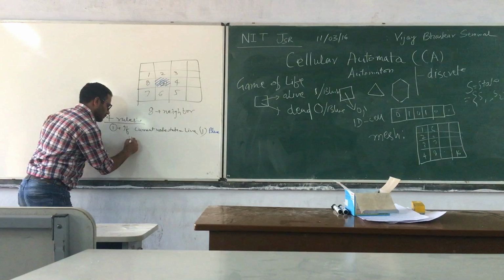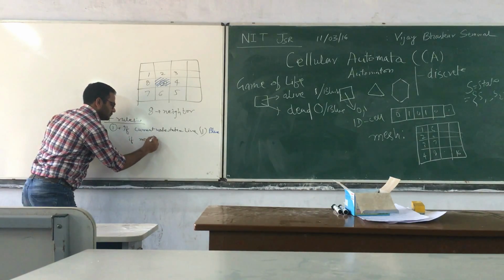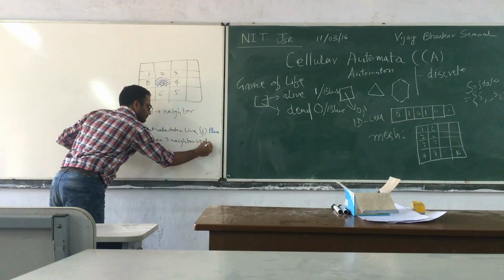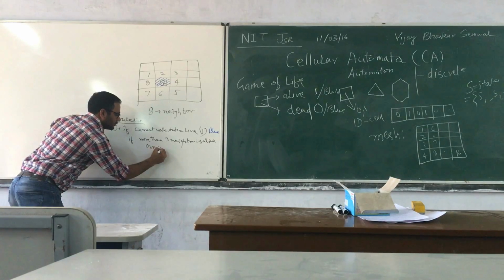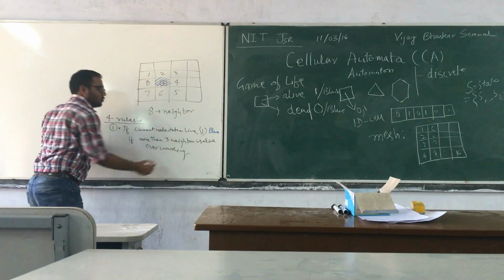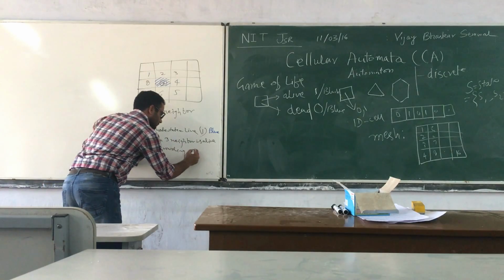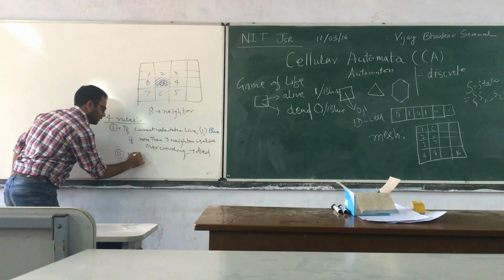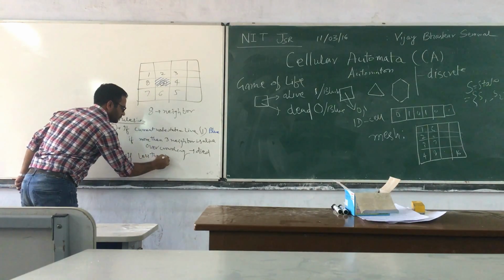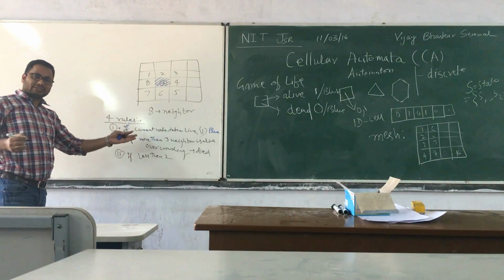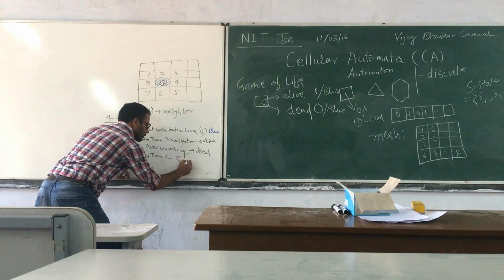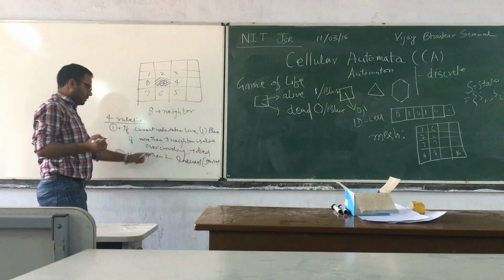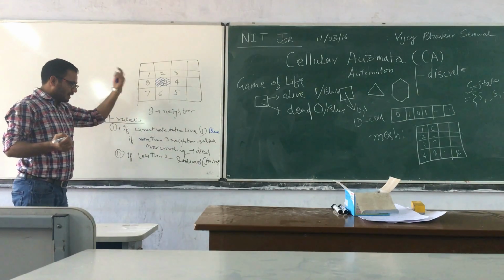If more than 3 neighbors are alive, this is the condition of overcrowding, so my state will immediately die. That is one condition. Second, if less than 2 are alive, this is starvation, and we can also say loneliness. In this case, it will again die.